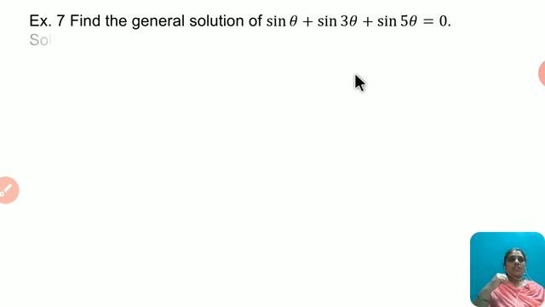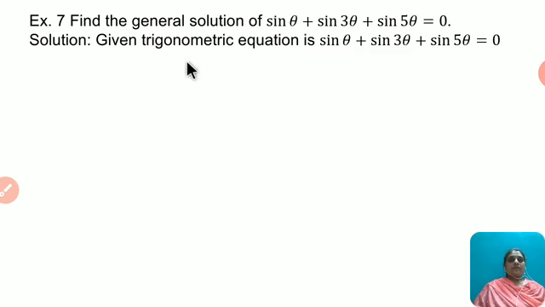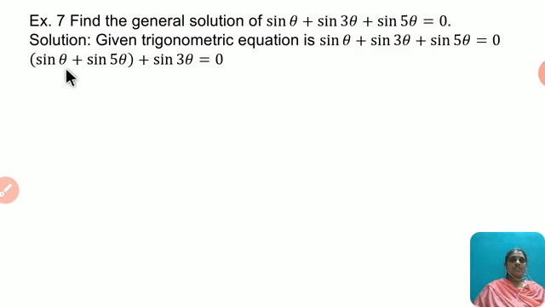So in the solution, consider the given trigonometric equation sin theta plus sin 3 theta plus sin 5 theta is equal to 0. We rewrite this as sin theta plus sin 5 theta plus sin 3 theta is equal to 0. That means we consider sin theta plus sin 5 theta as one term, and for this term we use the sin C plus sin D formula.